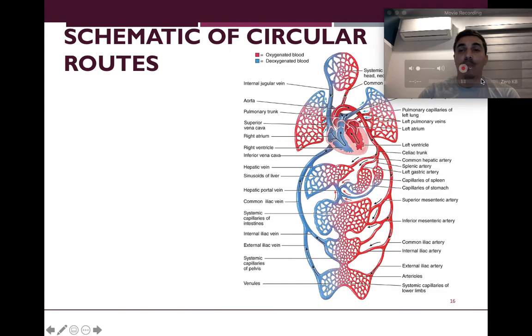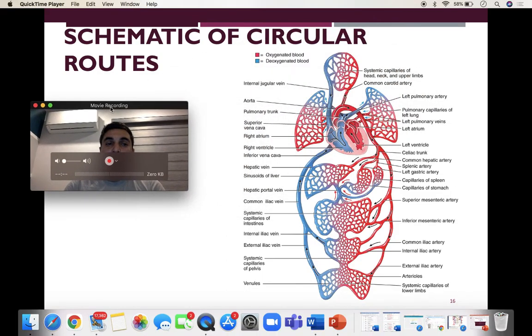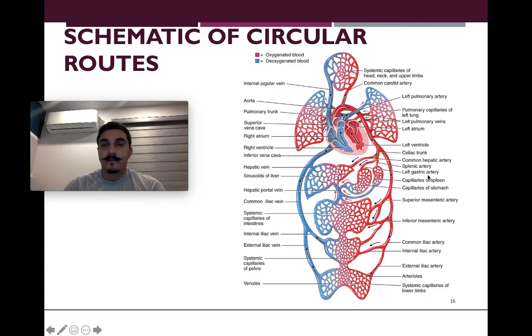Okay, so here's a little image of those different cycles. Just if you remember from last video, we started down here in the inferior vena cava or superior vena cava. Bring it in here, it goes to the lungs, gets that oxygen, comes back through the left atrium, left ventricle into the aorta. So then that's where it starts going.